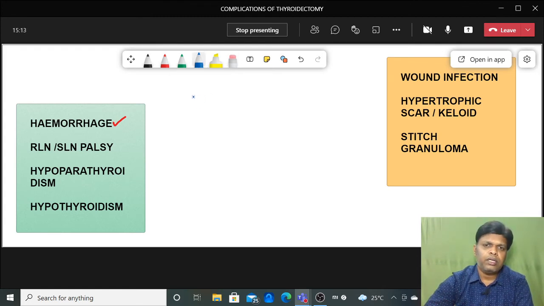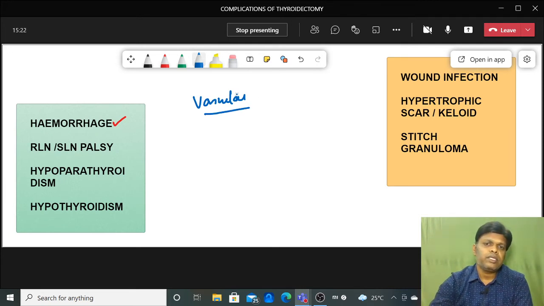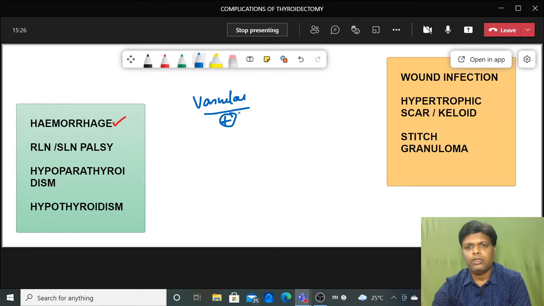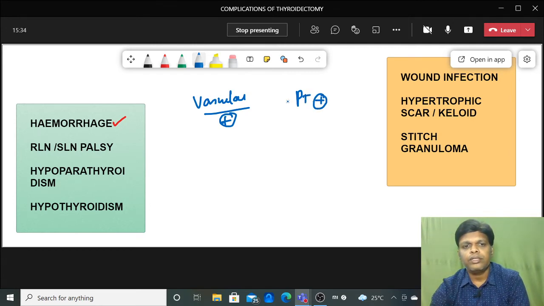Number one, the common cause, is vascular injury to the blood supply of the inferior or superior parathyroid gland. Or else you may accidentally remove the parathyroid gland. In that case also you will get hypoparathyroidism.